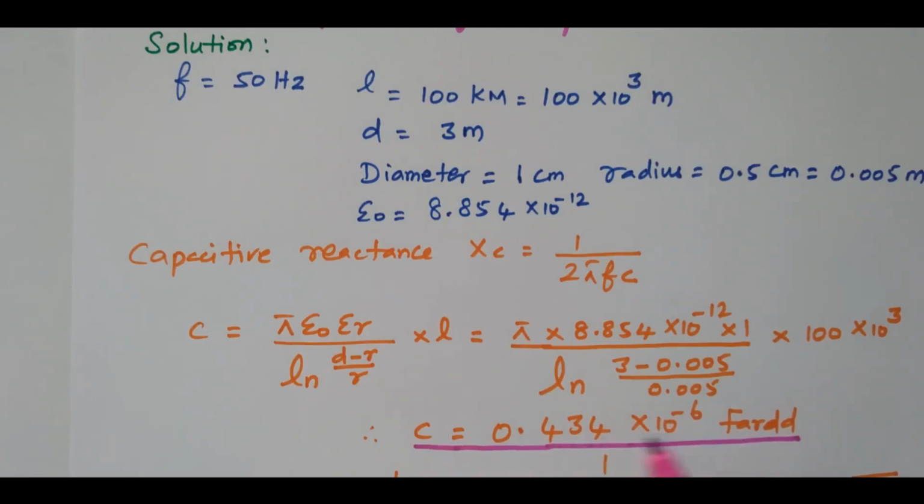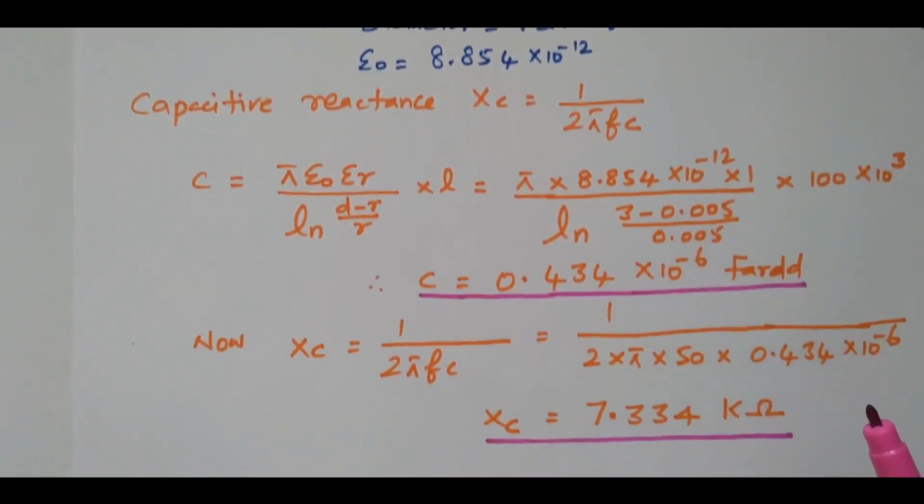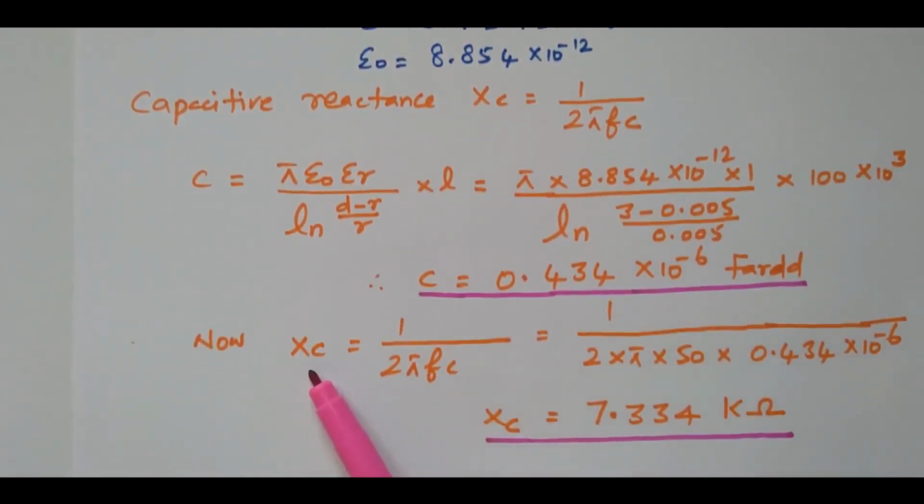Now we got the value of capacitance. Using this capacitance, we can find the capacitive reactance. So the capacitive reactance Xc equals 1 divided by 2 pi F C, that is 1 divided by 2 into pi into the frequency, 50 Hz, into the capacitance value, 0.434 into 10 to the power minus 6.